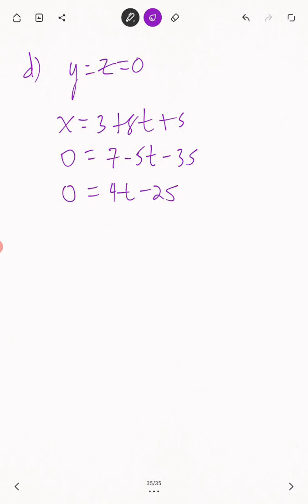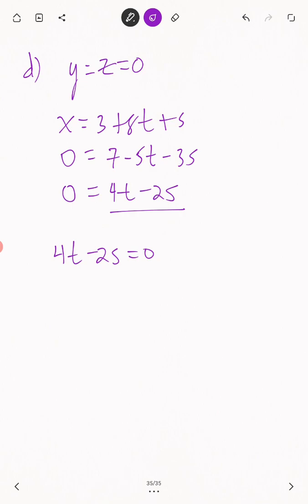This time I'll do substitution, just because I don't have a constant term in this equation, so it's easier to isolate one of the variables. I'm going to isolate t in terms of s. Actually, I changed my mind, because if I do that I'm going to have a fraction, but if I do it the other way then I won't have a fraction. So I'm going to isolate s in terms of t.